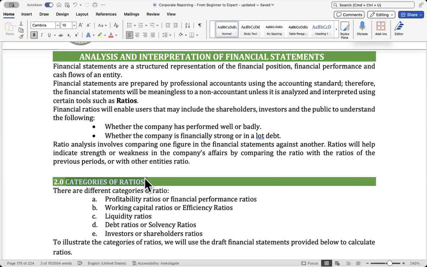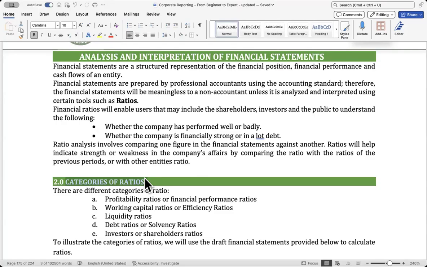Beyond just looking at the absolute values of line items in the financial statements to judge companies for their relative profitability and liquidity, we need to look at the underlying financial resources that were used to generate most of these absolute figures. And that is why ratio is important. So what ratio will do for us is that it can assist us to compare one figure in the financial statement against another.